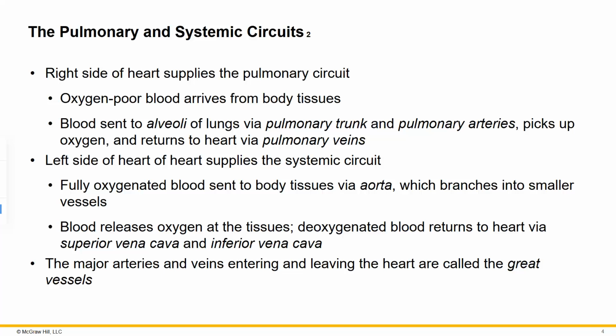The left side of the heart pumps blood to the systemic circuit, so to the rest of the body. Fully oxygenated blood is sent to body tissues via the aorta, which branches into smaller vessels, and blood releases oxygen at the tissues. Deoxygenated blood returns to the heart by the superior vena cava and inferior vena cava.